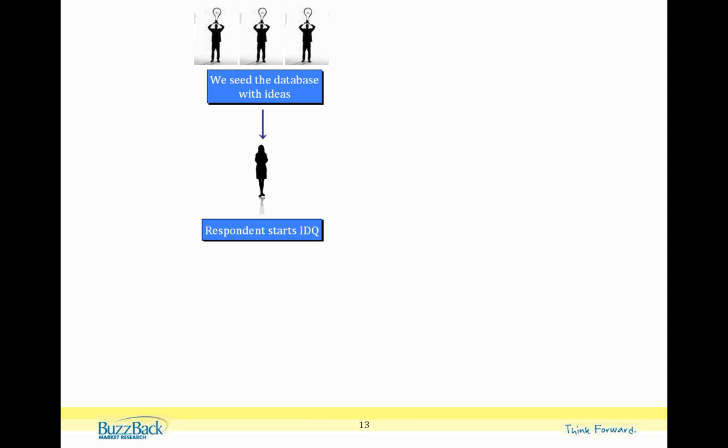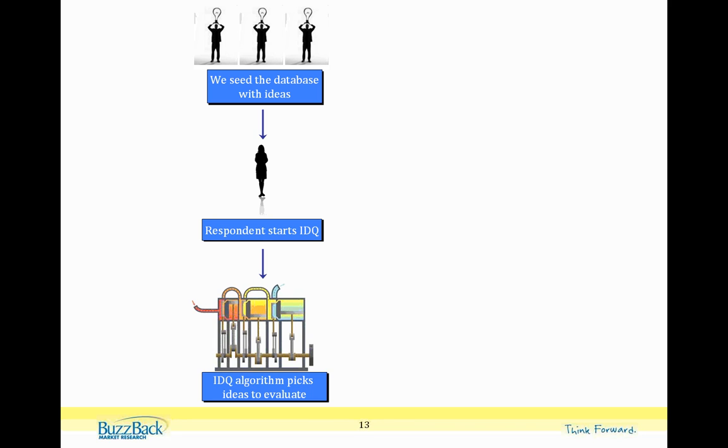At that point, a respondent enters the IDQ experience. The database of the IDQ names has a proprietary algorithm that is set to select, in this case, 10 names out of the database to show to a respondent for evaluation. So obviously for the first respondent, we had to seed 10 ideas into the study.